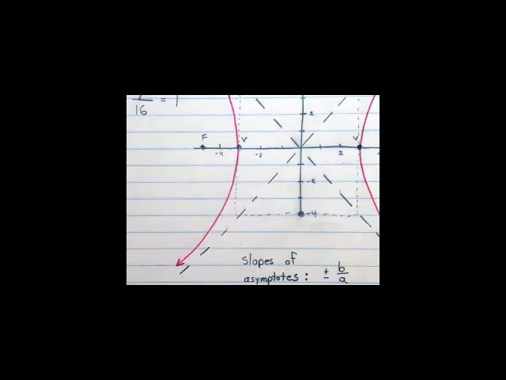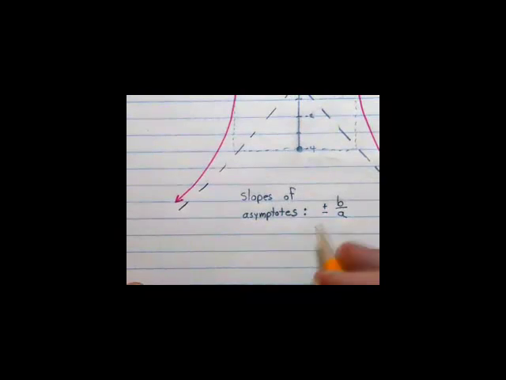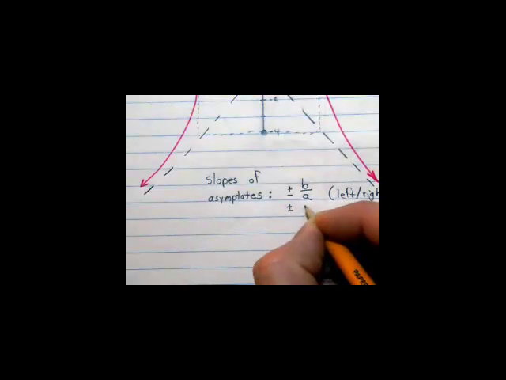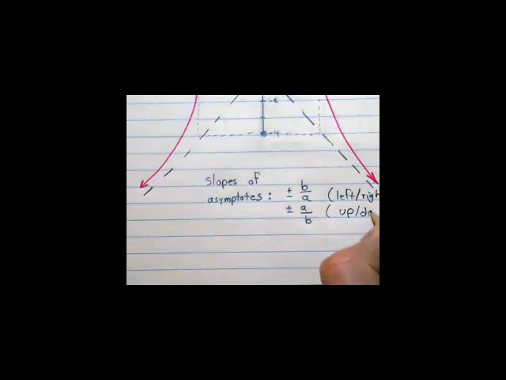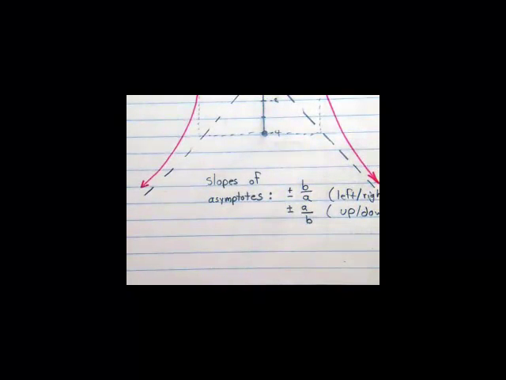Okay. You can always just sketch the thing and look at it and find the slope of the asymptote that way.